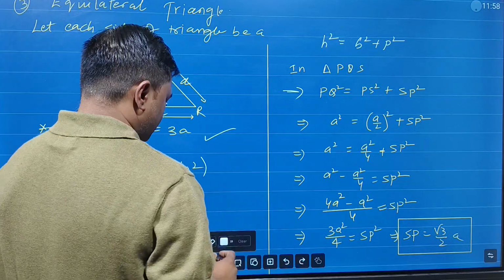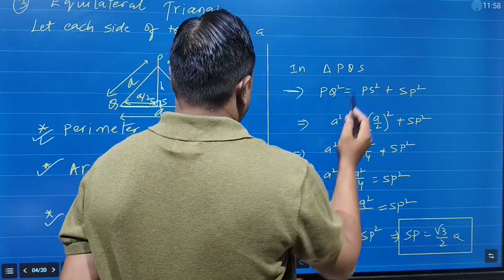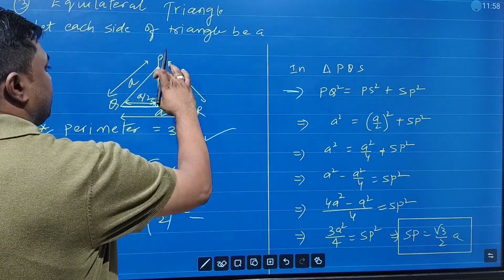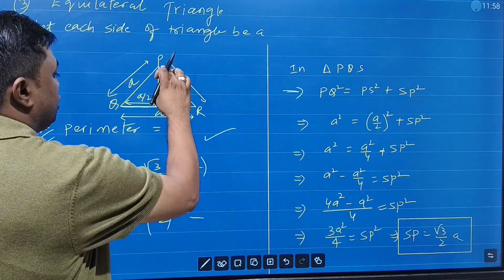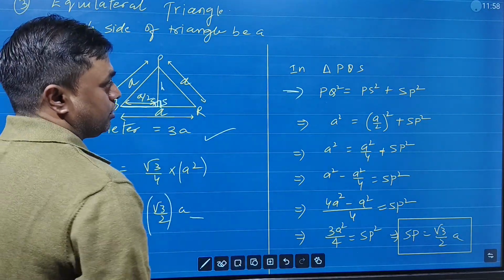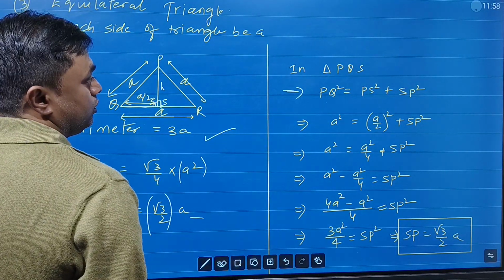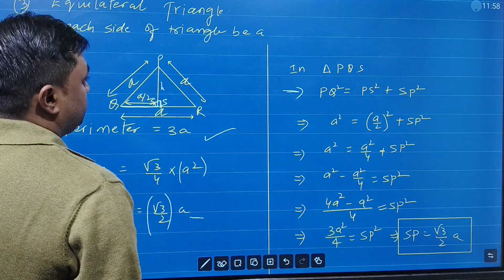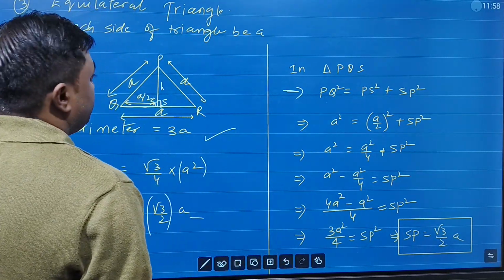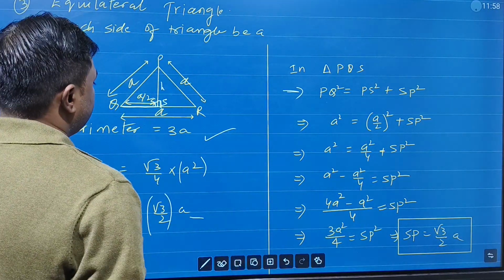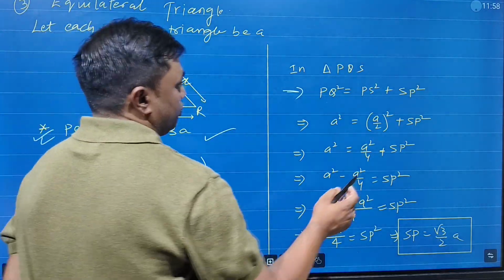So here don't get confused, the hypotenuse square is equal to what? Perpendicular square plus adjacent square. So we can write PQ square is equal to PS square plus QS square. Yes, PS square plus QS square.